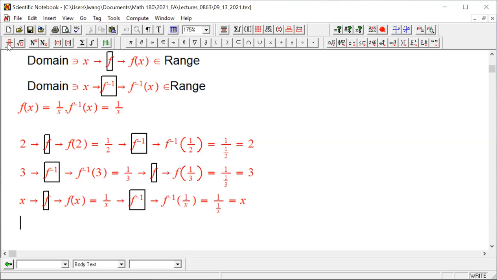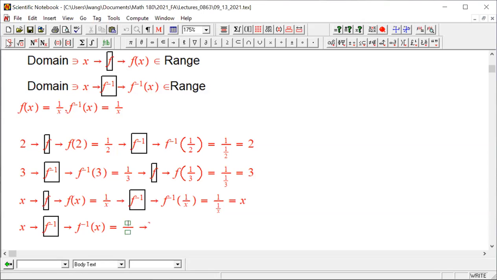Okay. I expect you guys to ask questions, guys. So this is the last line I'm going to cover today. This input x is going to be from the domain of F inverse. It's going to come out as F inverse of x, and this of course is my output.